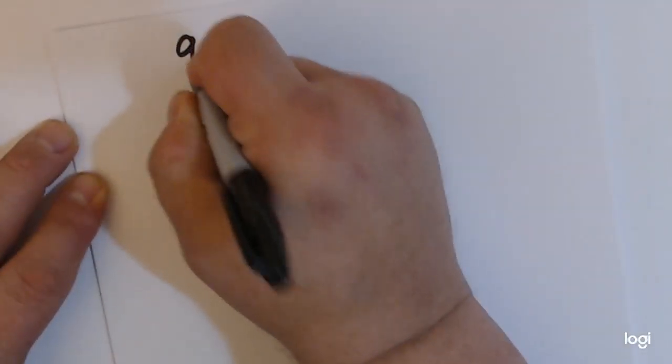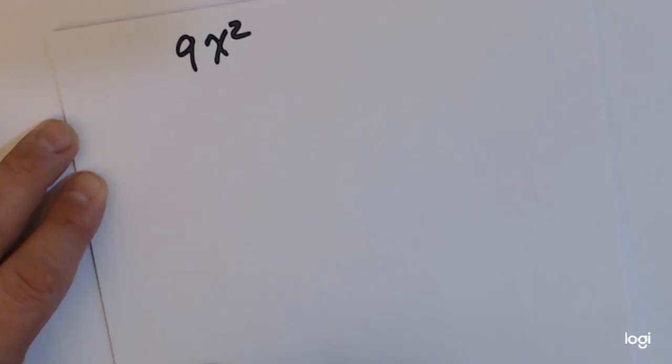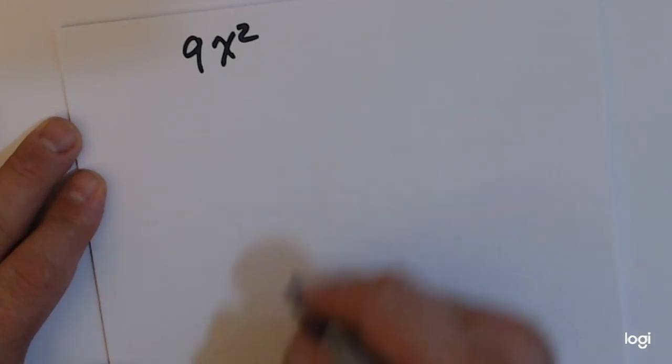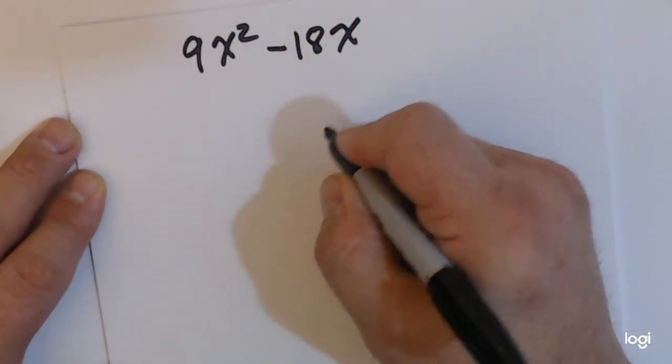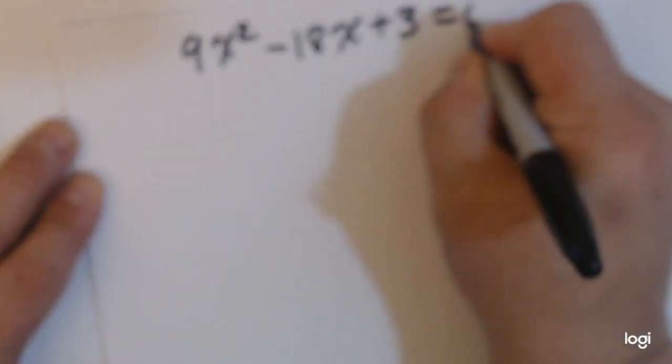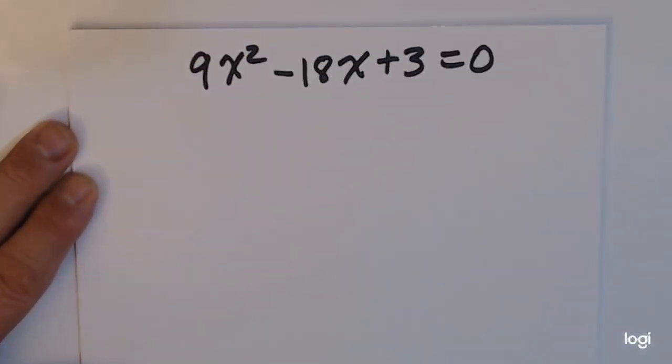Let's get an appropriate problem. How about 9x squared minus 18x plus 3 equals 0.